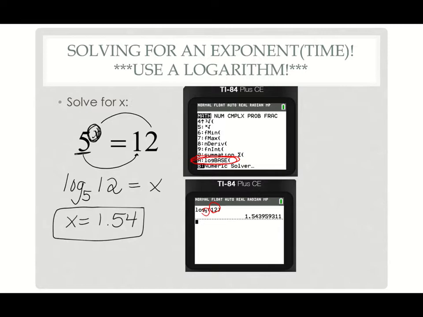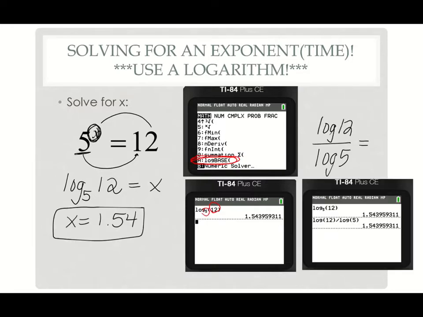To find change of base, you are going to take log base 12 divided by log 5. If you plug this into your calculator, you're going to get the exact same answer.